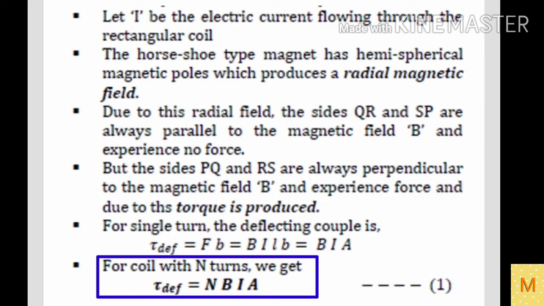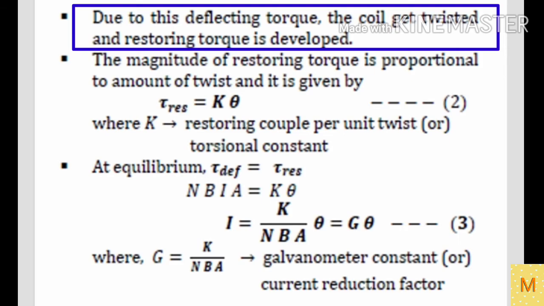For the coil which has n number of turns, we can write the torque experienced by the coil as tau deflection is equal to NBIA. This is equation number 1. Due to this deflecting torque, the coil gets twisted and the restoring torque is developed.